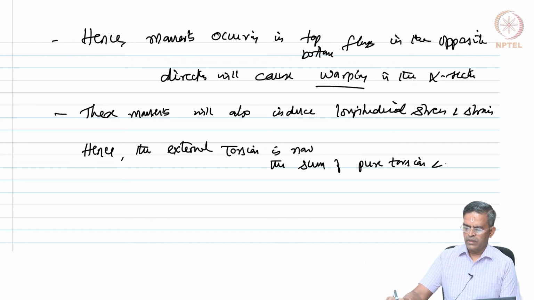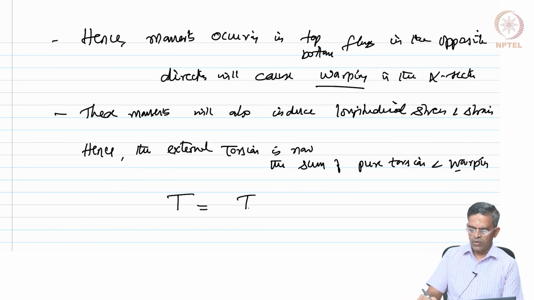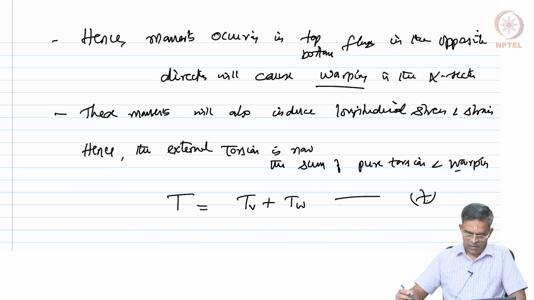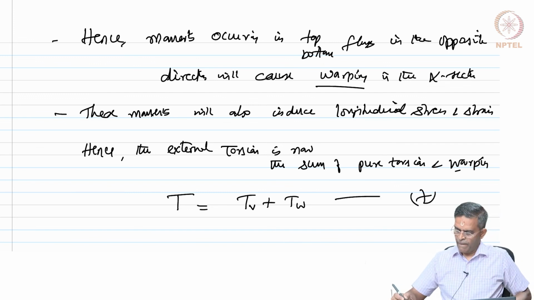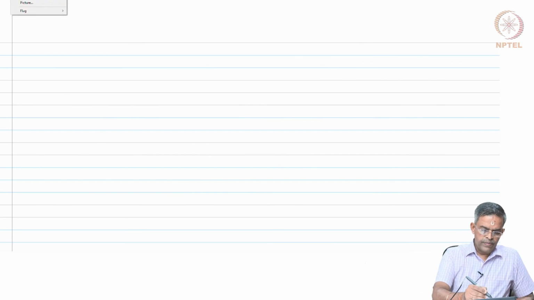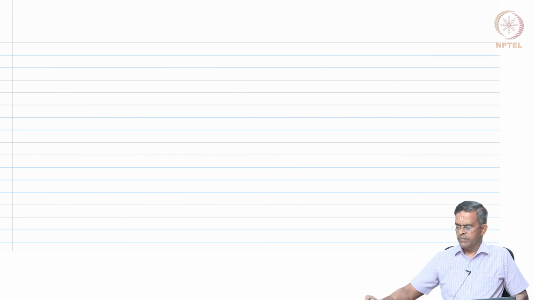So, T will be equal to Tv plus Tw, equation number 7.